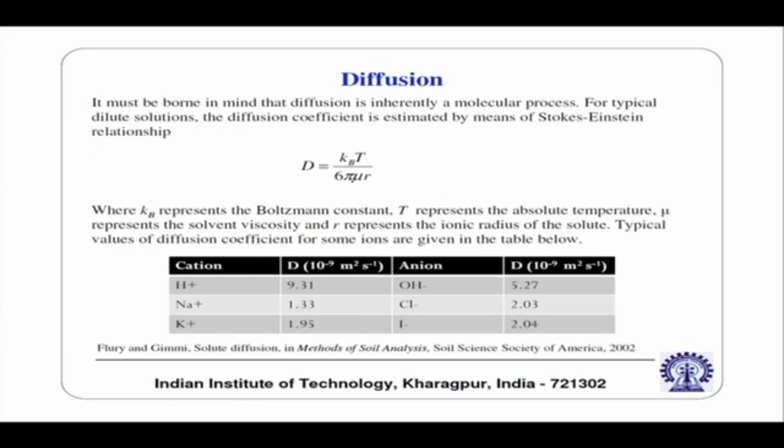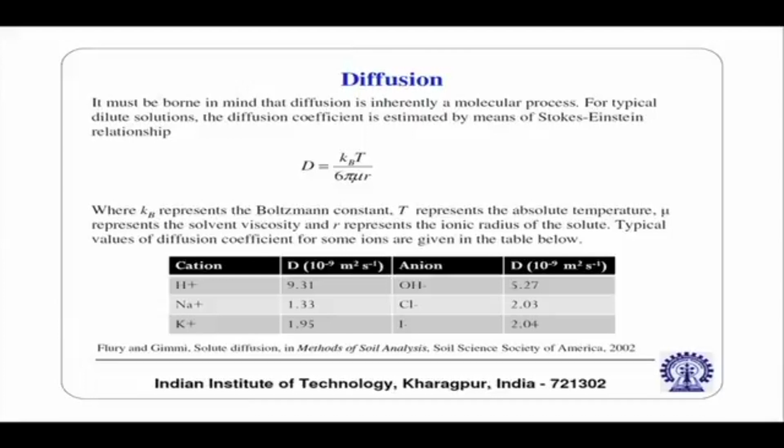Now the question is how do you obtain the diffusion coefficient. It must be borne in mind that diffusion is an inherently molecular process. For typical dilute solutions, the diffusion coefficient is estimated by the Stokes-Einstein relationship. Again, we discussed the Stokes-Einstein relationship in the context of electrokinetics. So the same thing is written here.